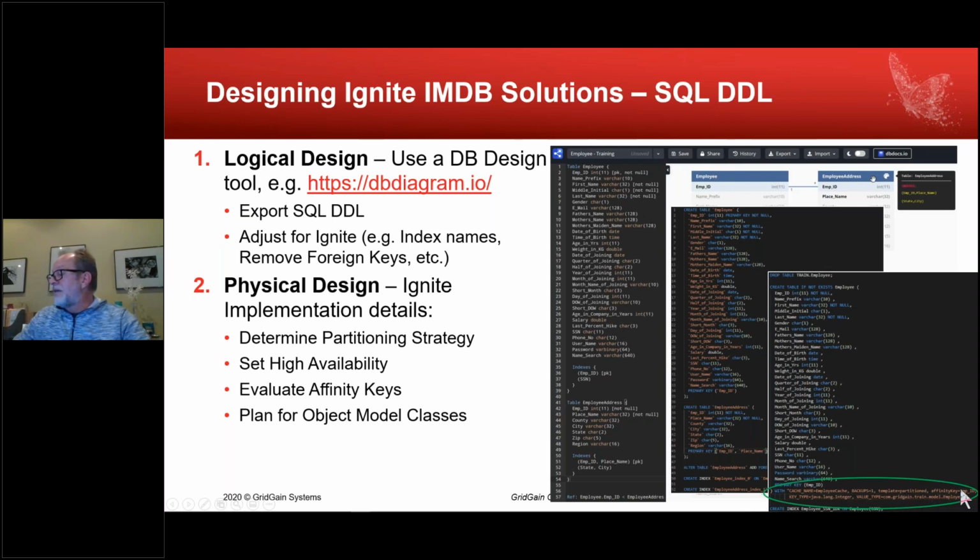I've got an affinity key around the employee ID. I've said the key type is an integer, and I've prepared myself, if I want to, for object model classes, to set the employee class if I want to extend the SQL-based approach and take advantage of Java-based object models as well.